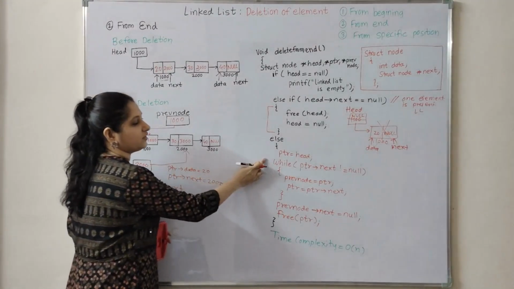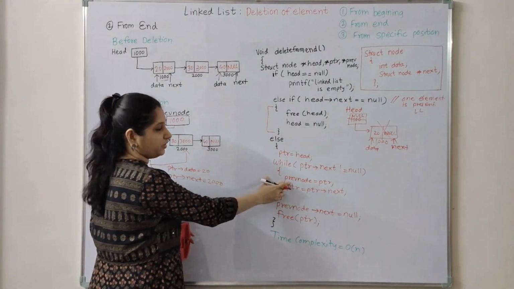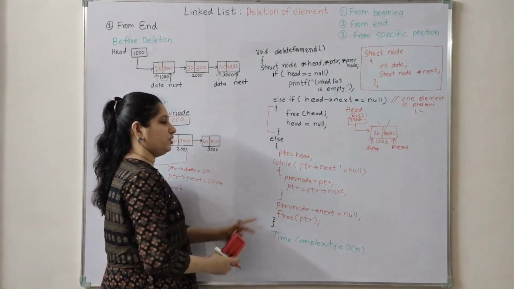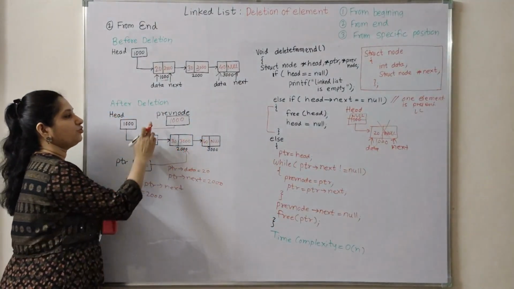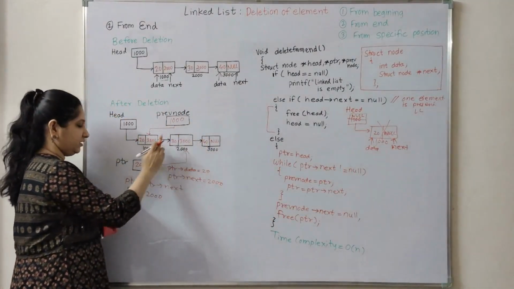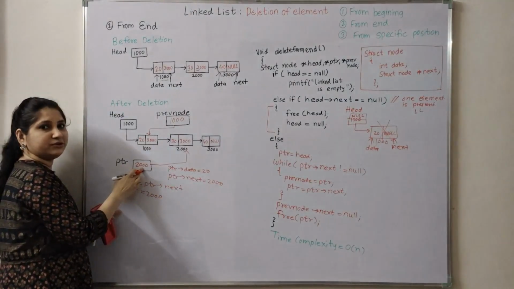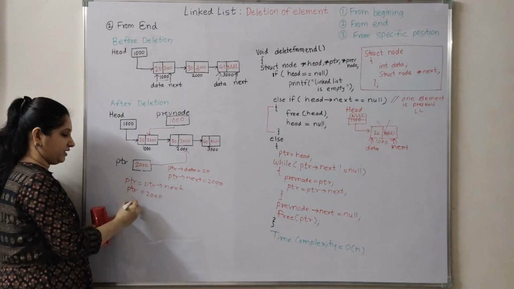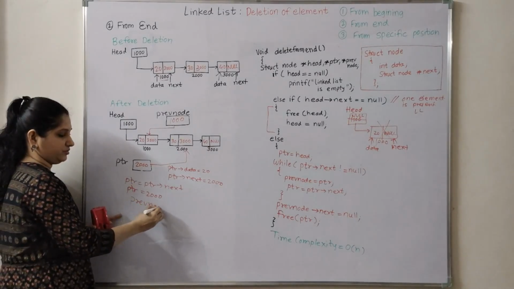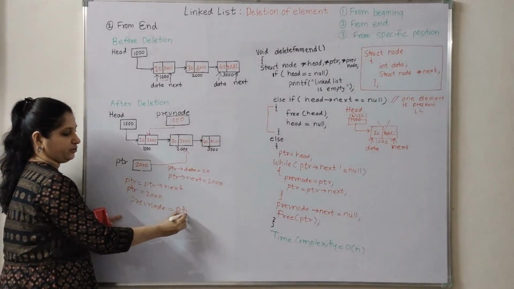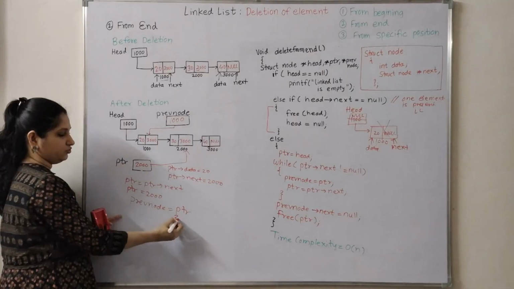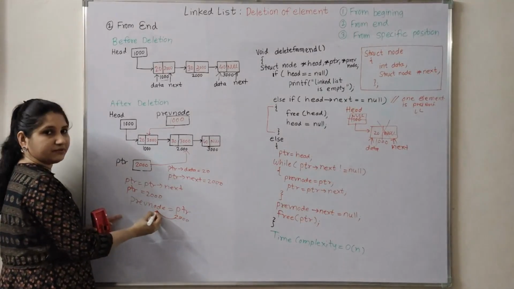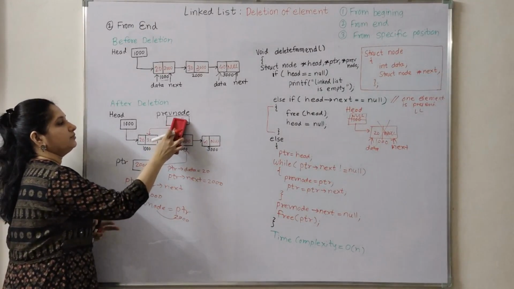Control goes inside the while loop again, and we assign previous node equal to pointer. Previous node was 1000 and pointer is 2000, so the value of our pointer, 2000, is assigned to previous node. It becomes 2000.